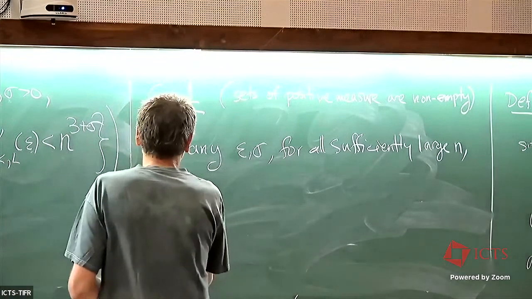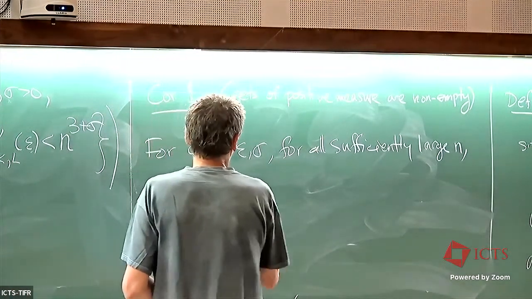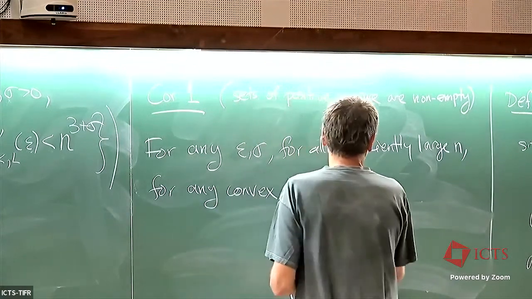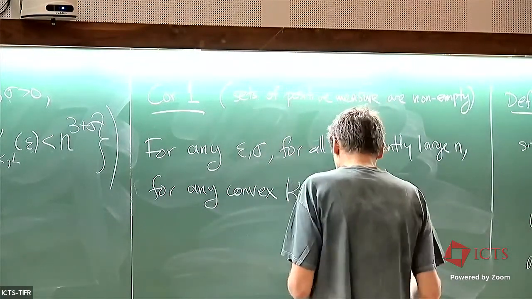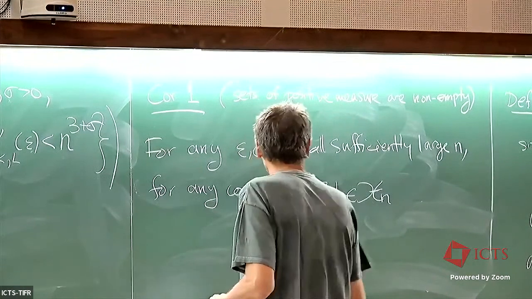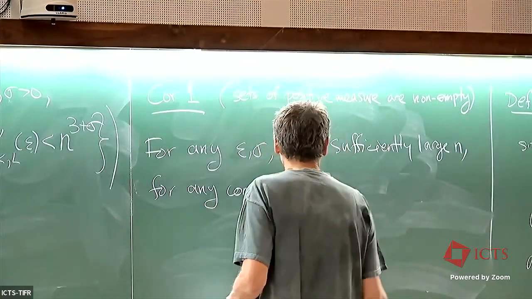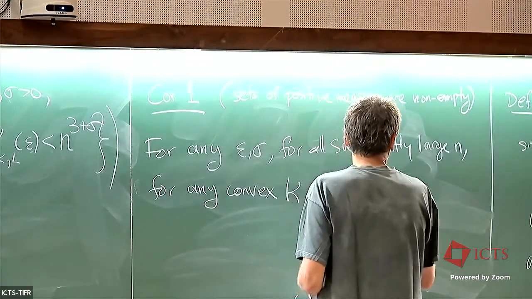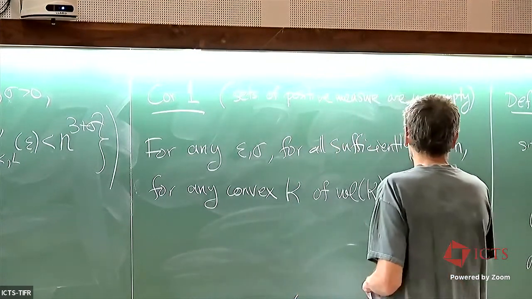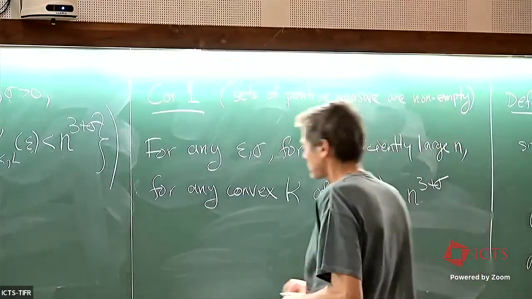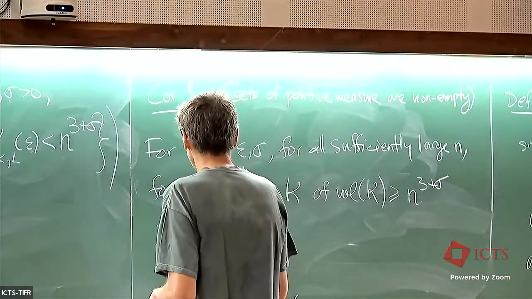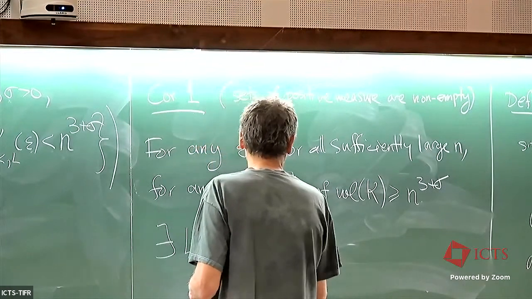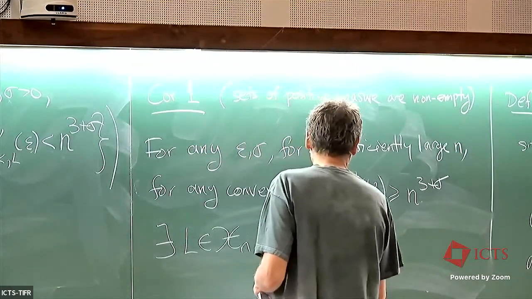So then for any convex K in volume n to the 3 plus sigma, there exists a lattice of covolume 1 such that eta is at most epsilon.